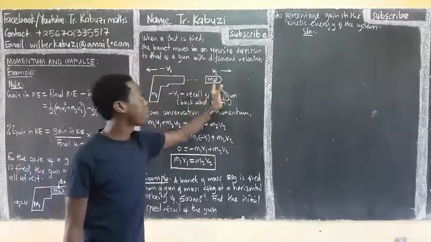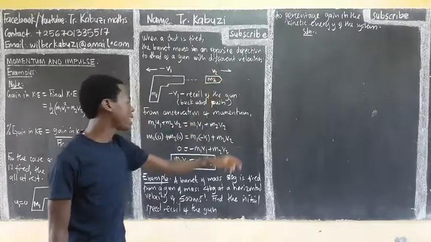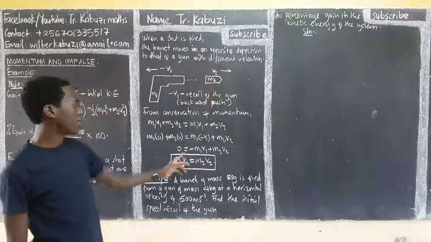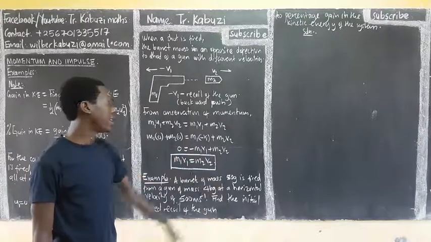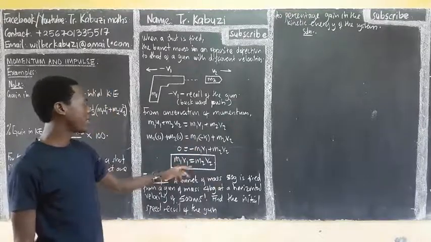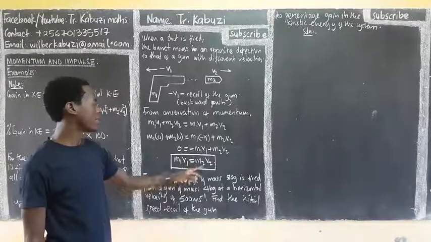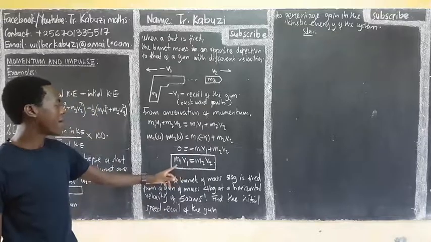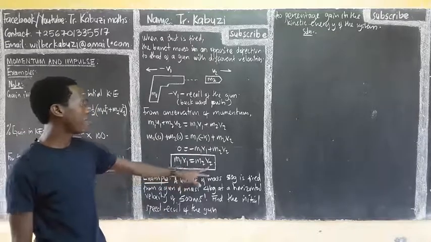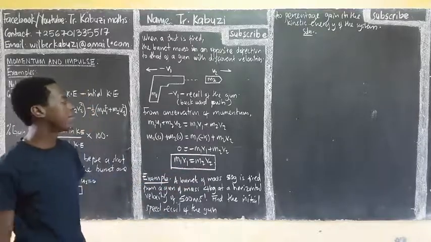Then the velocity of the blade is in that direction, V2. So the whole of this is going to give us 0. This is going to be negative that, plus that. When I take this side, my M1V1 is equal to M2V2. This is the mass of the gun times the velocity of the gun, and this is the mass of the blade times the velocity of the blade. In simple terms, that's it.